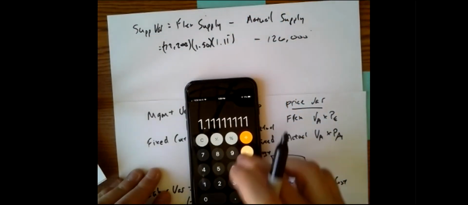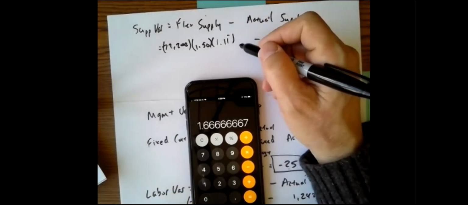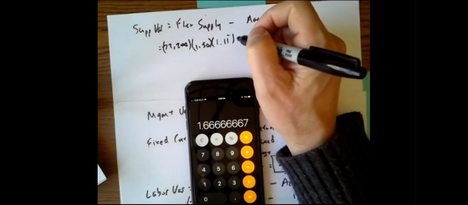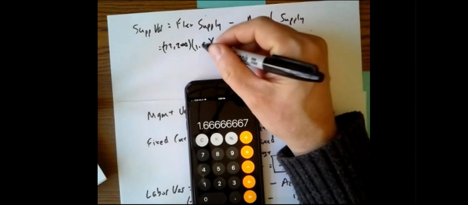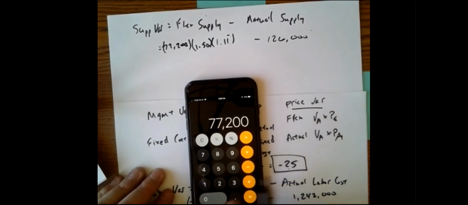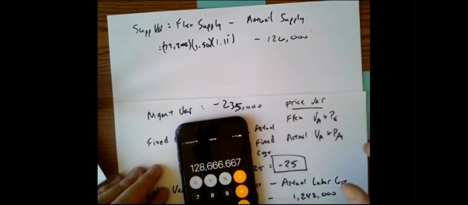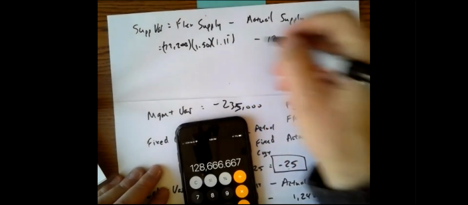So times 1.50 gives us 1.666, repeating, as our expected price, times 77,200 gives us 128,667.